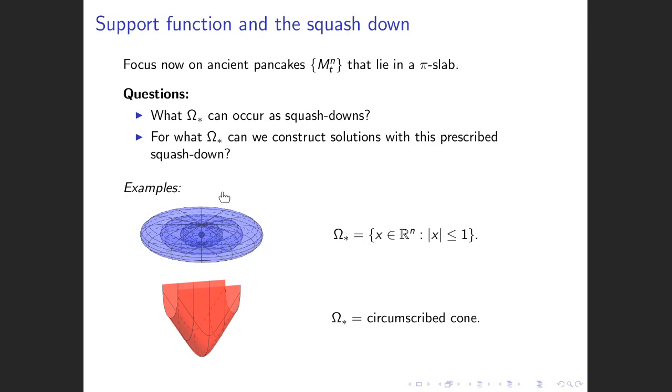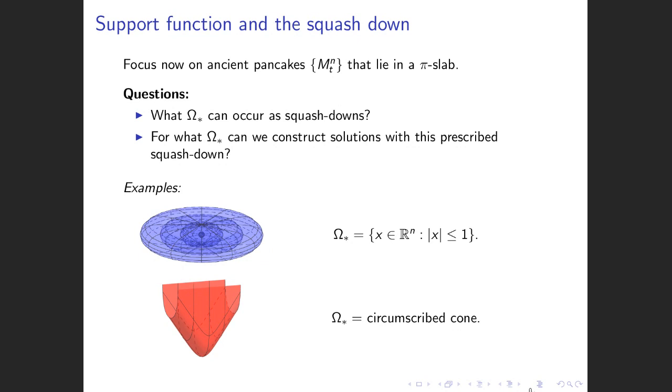Omega star here is the unit sphere. For the wing solution, omega star would be a circumscribed cone. The picture is going to be a cone, and the relation I had with the angle gives me that it's actually a cone that circumscribes the unit sphere.